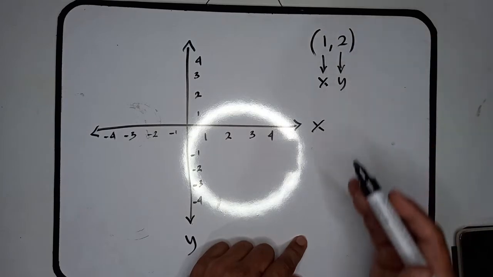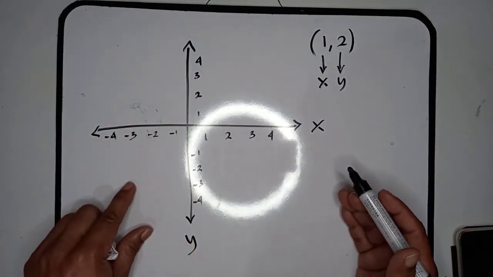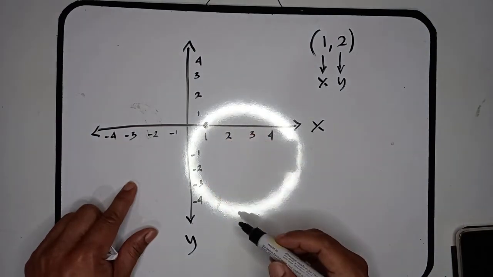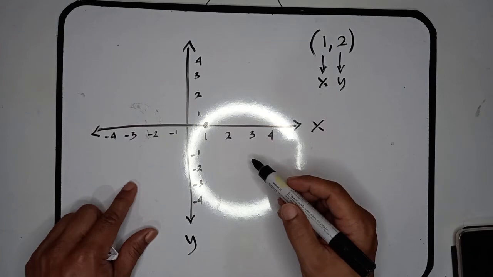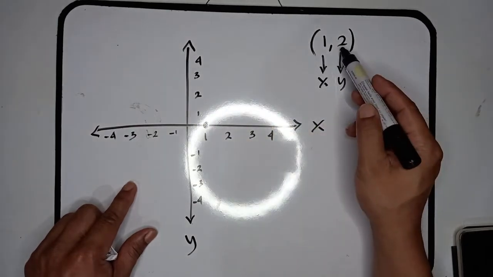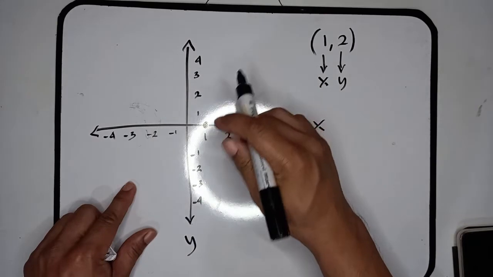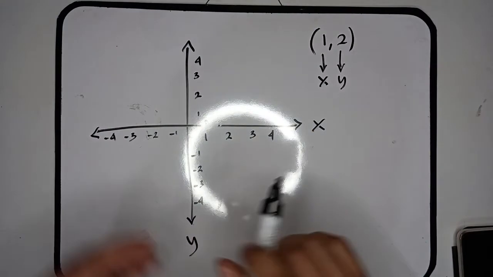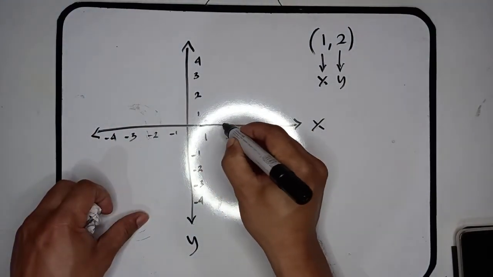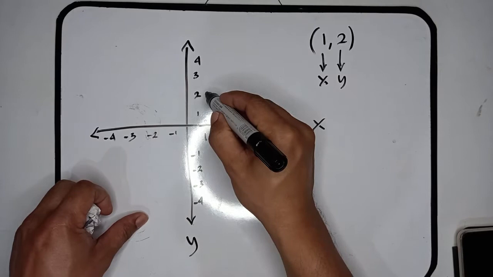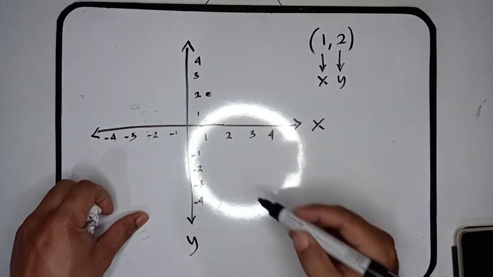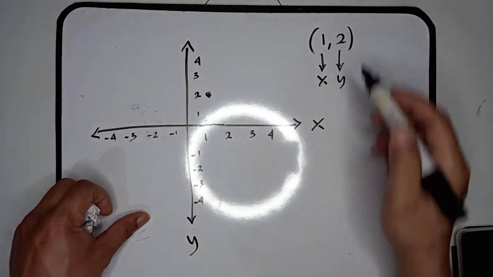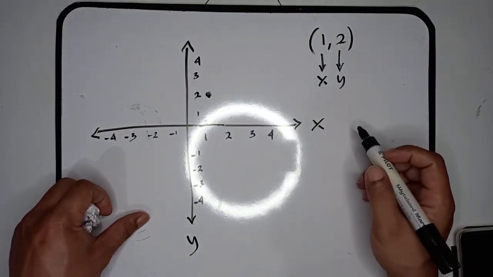Now if you are going to plot this in our graph, for x we will move to the right, and then for y we will move upward. What is y? 2. So this is now 1 and then 2. So this is now our point for 1 comma 2.